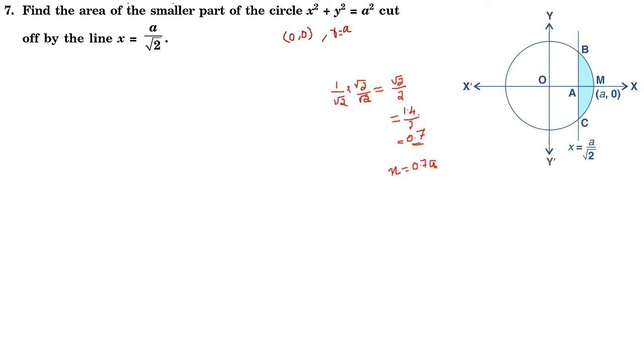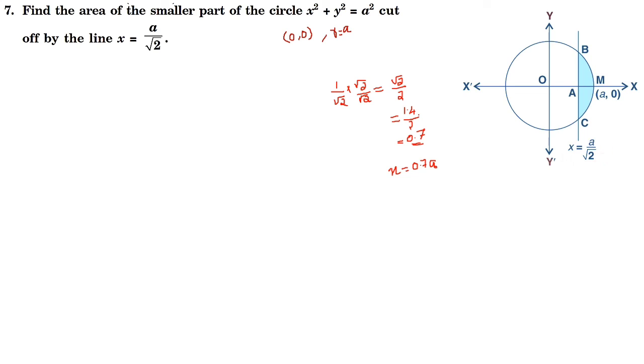Here 0 to M distance is a. A means 1 a. So 0.7 a will be just behind this a, somewhere here. Approximately just close to a. 0.7 is close to 1, so that's what we have taken here. Then through that we have drawn a line, that is x is equal to a by root 2.